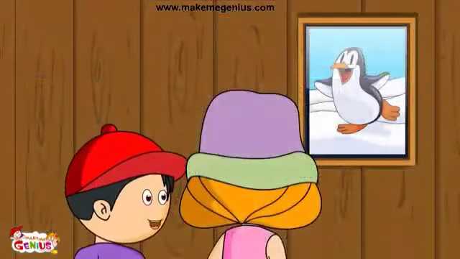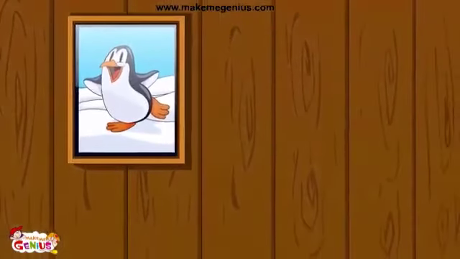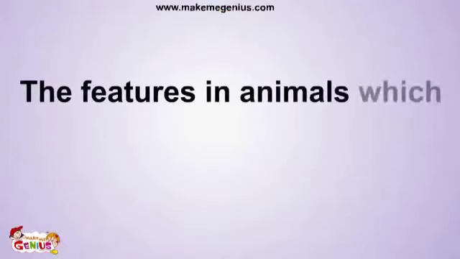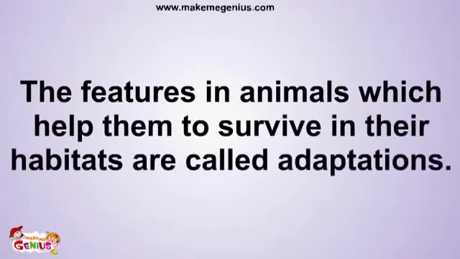Now I know why penguins do not need jackets or caps. Ice is a penguin's natural home and it does not feel cold. Yes, they have features in their bodies that make them survive in cold climates. The features in the animals that help them to survive in their respective habitats is called adaptation.